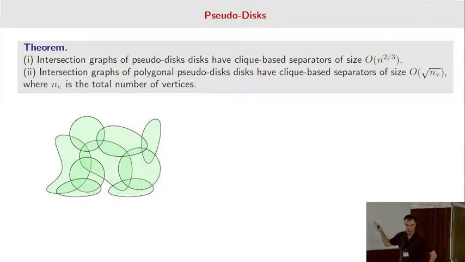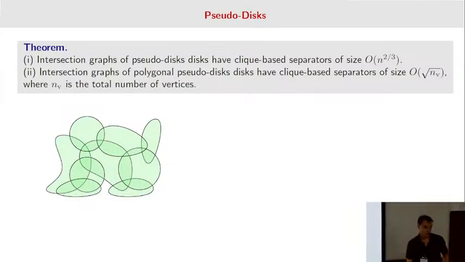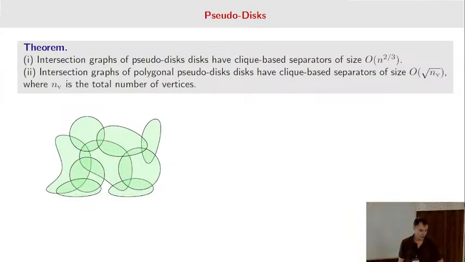If they are polygonal, and n_v is the number of vertices, then we can get this square root of the total number of vertices. And I don't know what the right answer should be. Is it in general for pseudo disks n to the 2/3 or should it be square root of n?